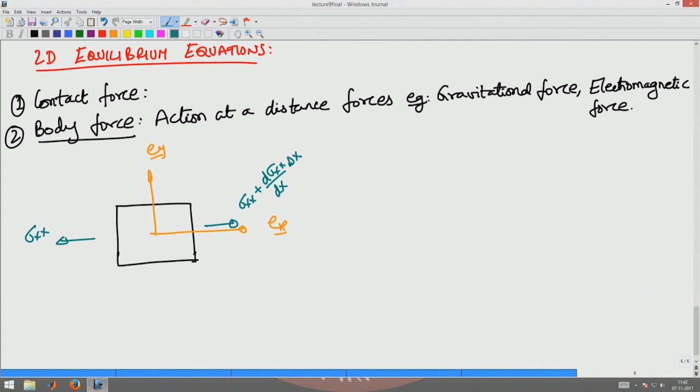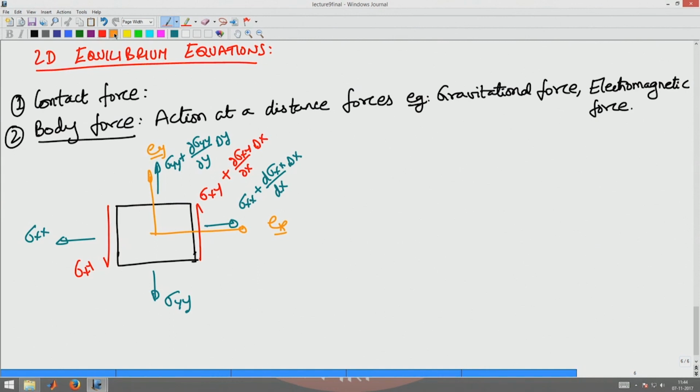And then similarly let sigma yy act here, then the stress acting here would be sigma yy plus dou sigma yy by dou y into delta y, because there is a variation along the y direction between the bottom face and the top face. Similarly I have the shear stresses, this will be sigma xy, this will be sigma xy, and it will be sigma xy plus dou sigma xy by dou x into delta x, because here the variation is along the x direction.